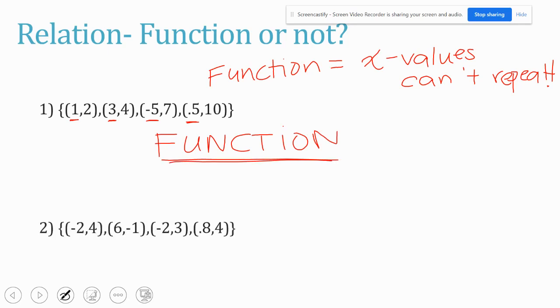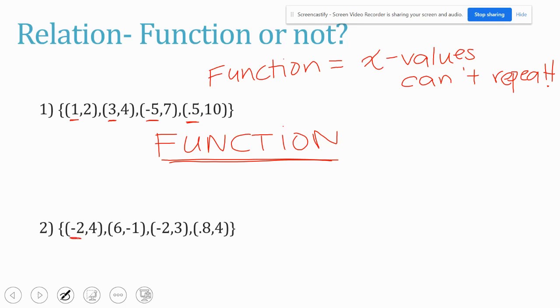Okay, let's look at the second example. We have -2, 4, 6, -1, -2, 3, and 0.8, 4. Notice how, by the way, in ordered pairs, we can have positive numbers, negative numbers, whole numbers, decimals. So we did throw in some decimals there just to show you that it doesn't always have to be whole numbers. But let's identify if this is a function or not.